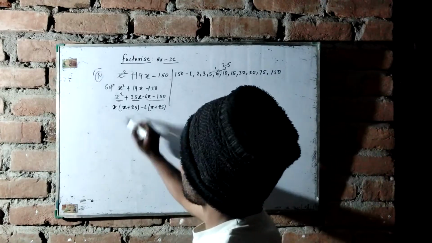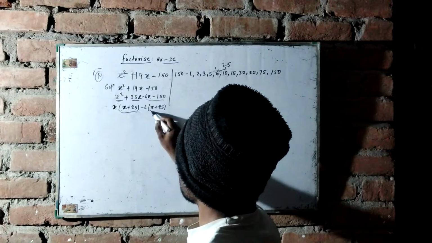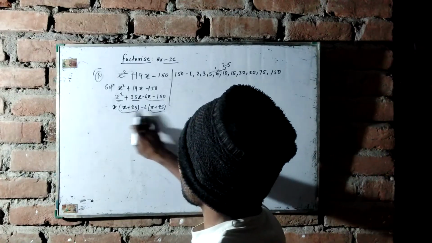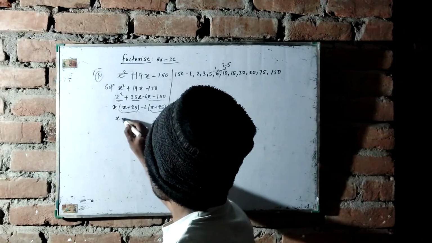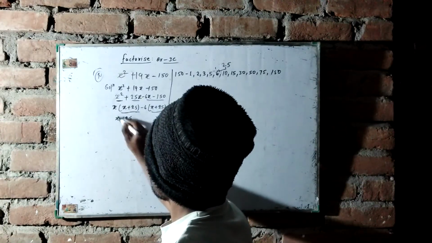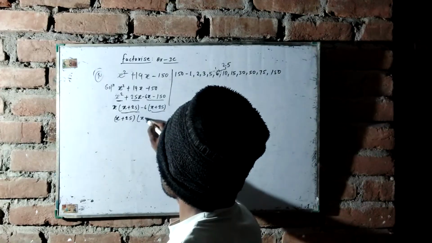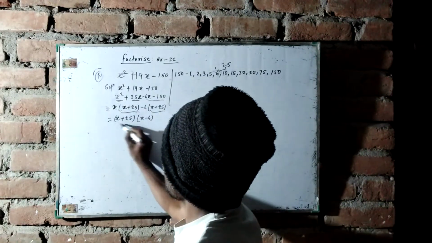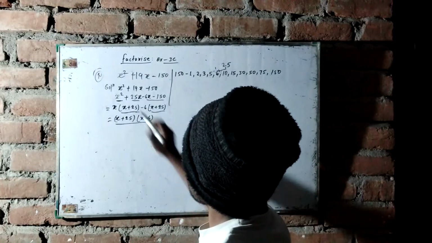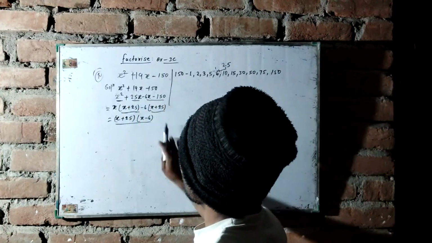Now we can take common x plus 25, as x plus 25 is present in both terms, and we can write x minus 6 as a multiple. So this is the required factors of x square plus 19x minus 150.